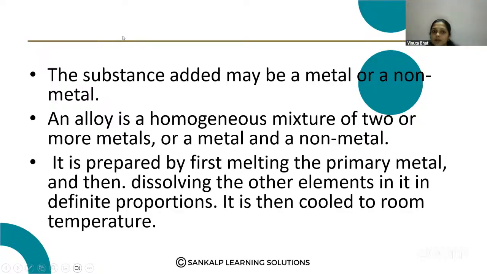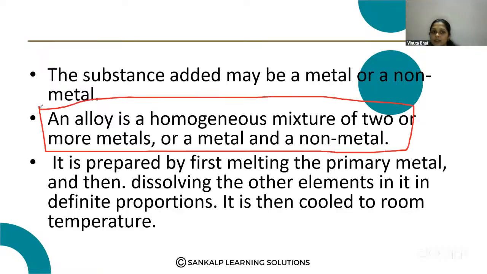So, that is called alloy; we saw the definition. That is very important. It is prepared by first melting the primary metal and then dissolving the other metal in it in definite proportions.